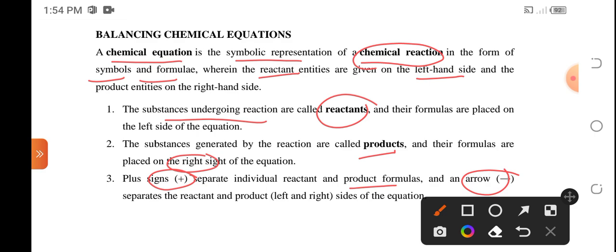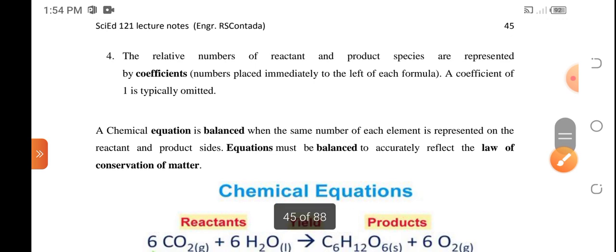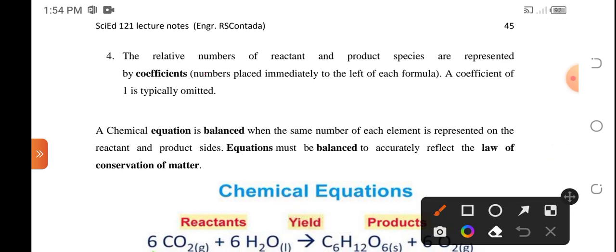Okay, so we have the parts, and we also have the coefficients, which are big numbers placed immediately before each element, formula, or symbol. Again, if the coefficient is 1, it may be omitted, and it represents 1 mole.